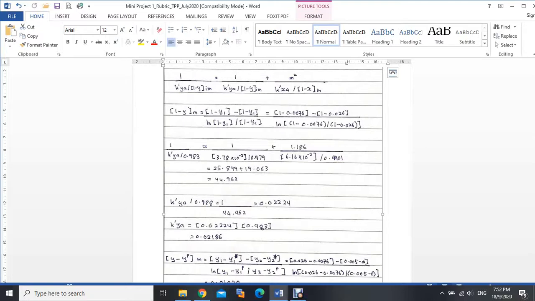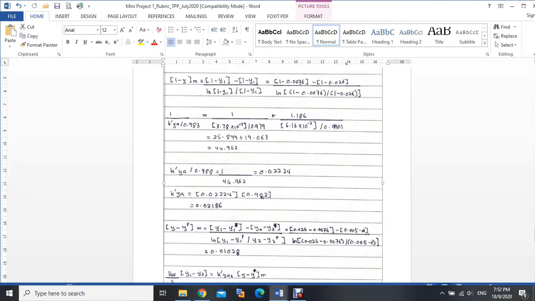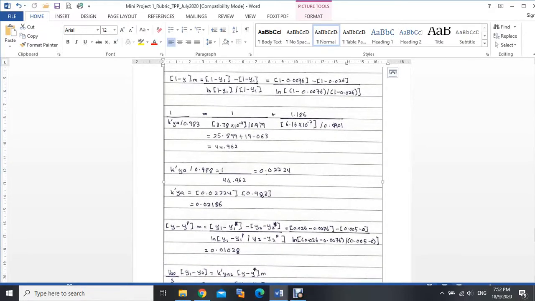But before that, we must complete solving Y minus Y star M, and find in the appendix the equation to calculate Y minus Y star M. Okay, this one, where we must use the values of Y1, Y2 and Y1 star, Y2 star. Again Y1 and Y2 we can get from the material balance.